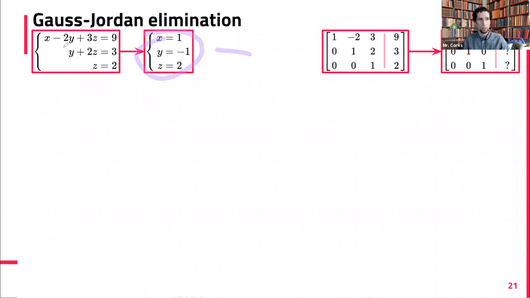And if you're looking at this, we can already see, okay, well, if z is 2 and y plus 2z is that, it's a pretty simple, easy system to solve here. But what we're going to do is, instead of doing substitution, we're going to use elimination going back up instead of doing substitution.